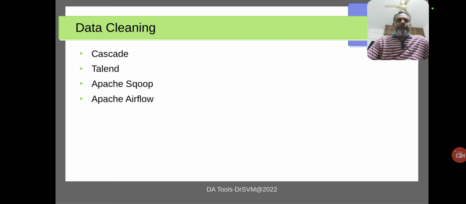So to make sure that the data is perfect for usage, we need to clean the data before using it. The data is available from various sources, so there are chances of corrupting in many ways.